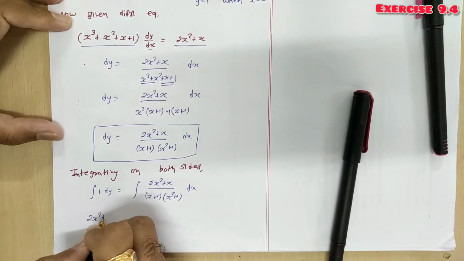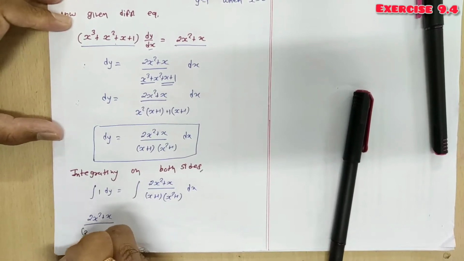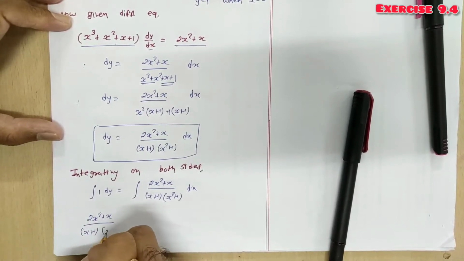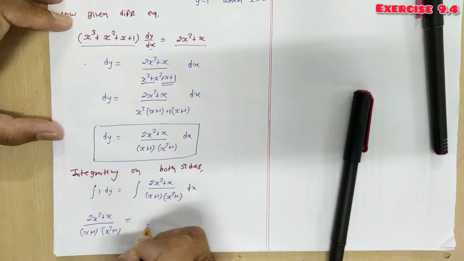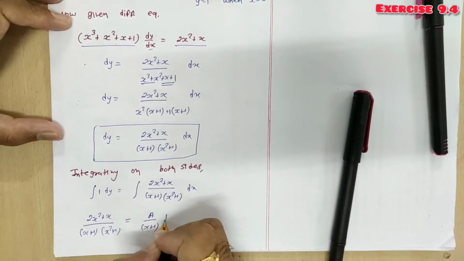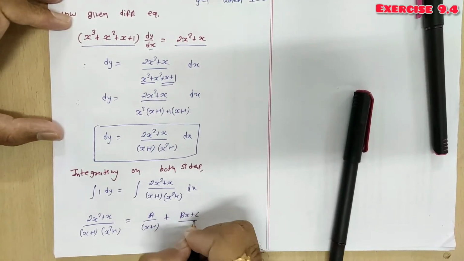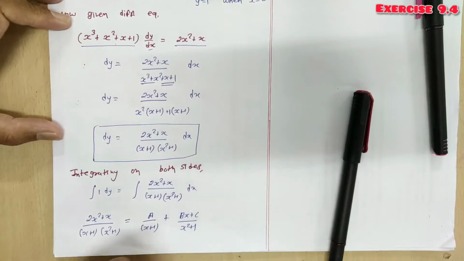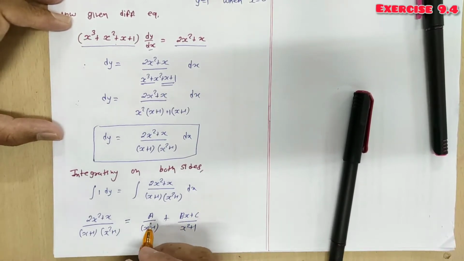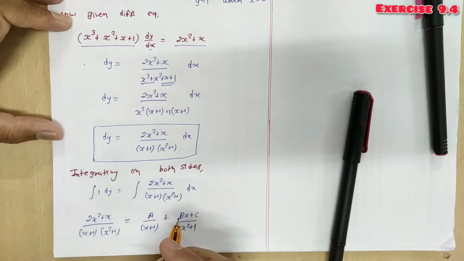So we have 2x square plus x upon this linear polynomial and this quadratic polynomial. It can be written as, for the linear polynomial, A upon x plus 1, plus, for the quadratic polynomial, bx plus c upon x square plus 1. Now solving this equation to find the values of a, b and c, we do cross multiplication.